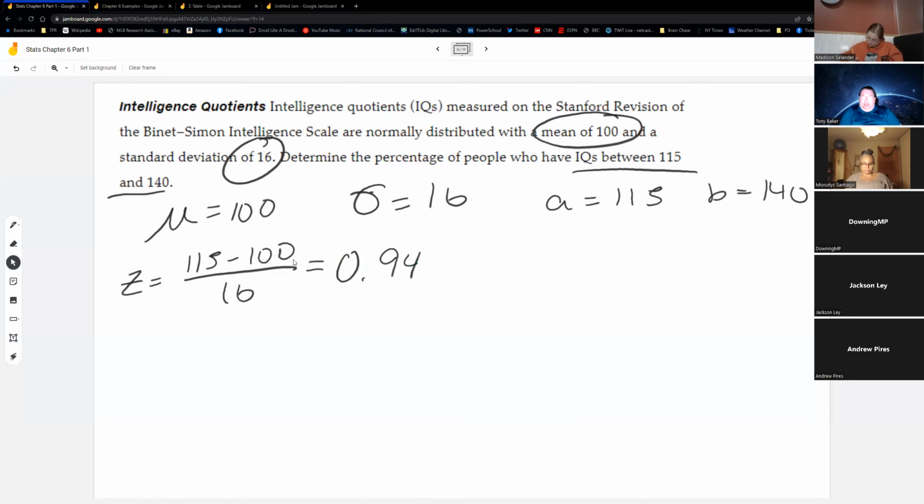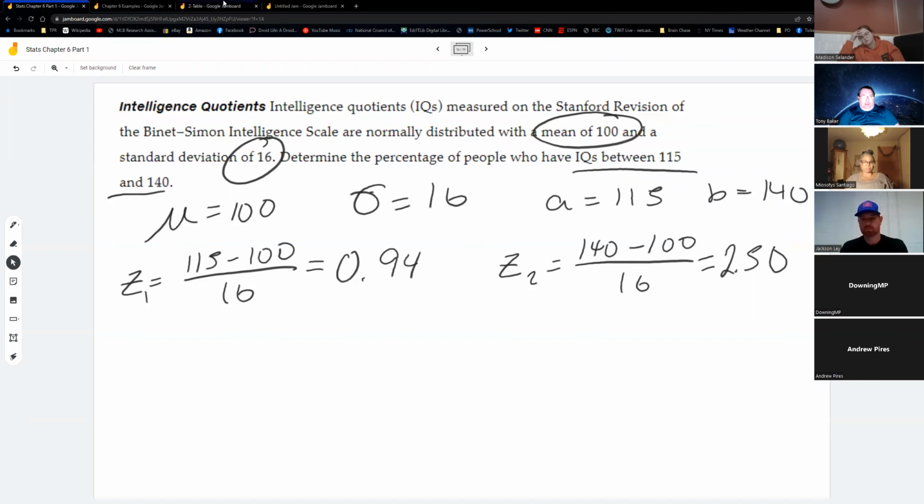Remember, my z-table is two decimal places, so round it to two decimal places. And my z2 is 140 minus 100 over 16. And then we get 2.50. All right, any questions, problems coming up with those two? It is subtract and divide.